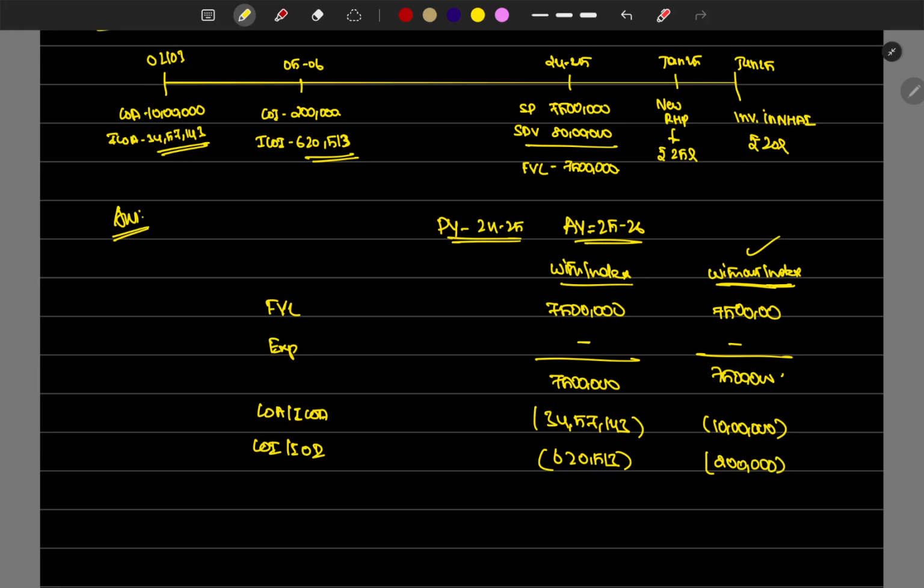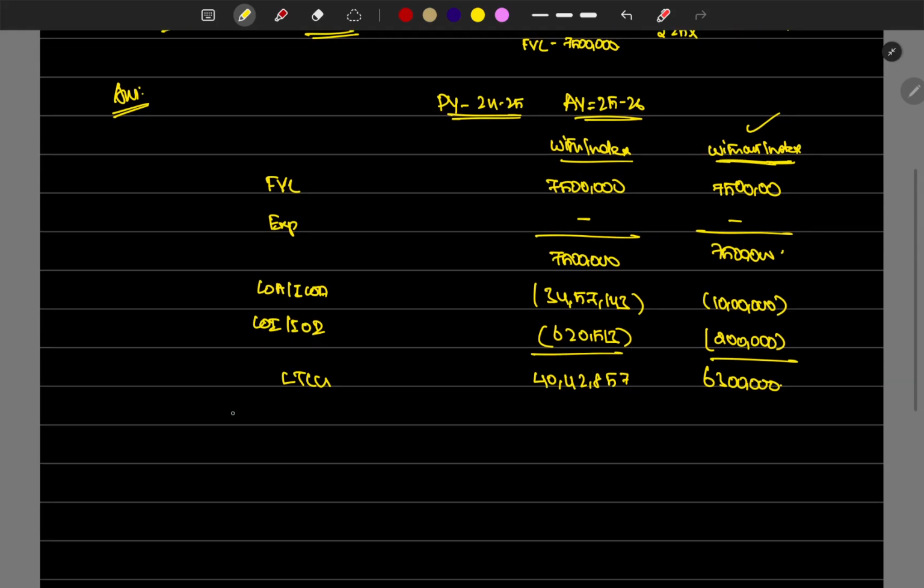Then we get the LTCG. How much is the LTCG? 75 lakh minus 34,57,143 minus 6,20,513, which is 34 lakh 22,344. What's the LTCG without indexation? 75 lakhs minus 12 lakhs, which is 63 lakhs.